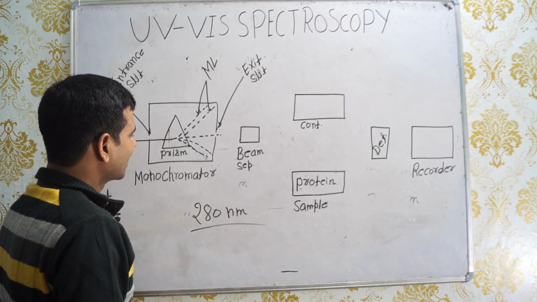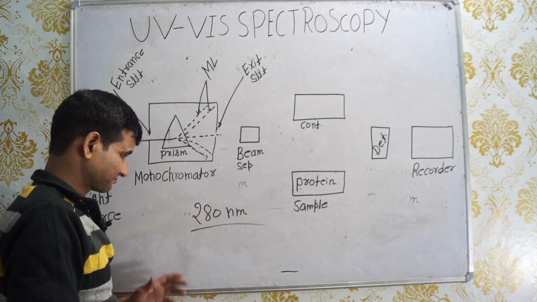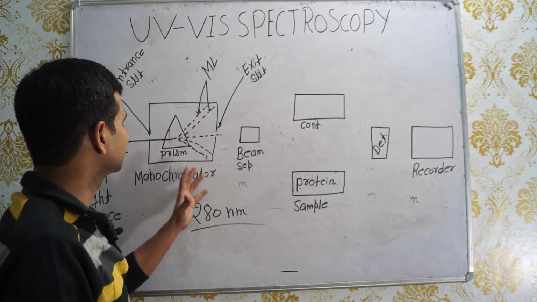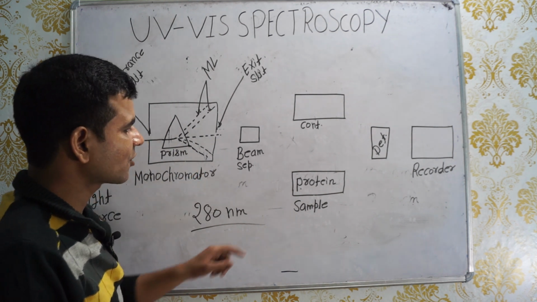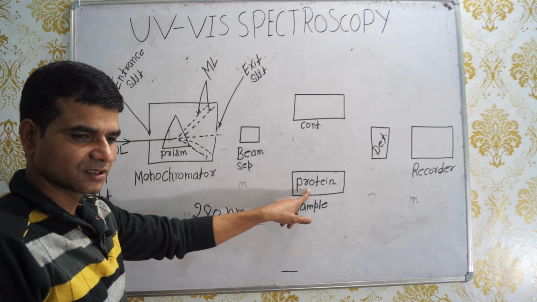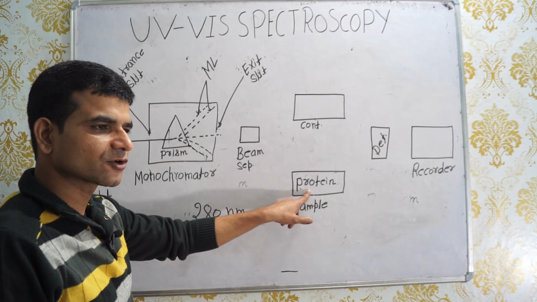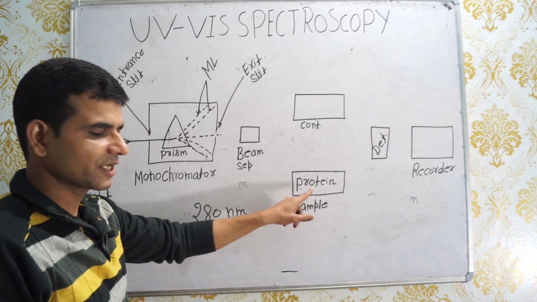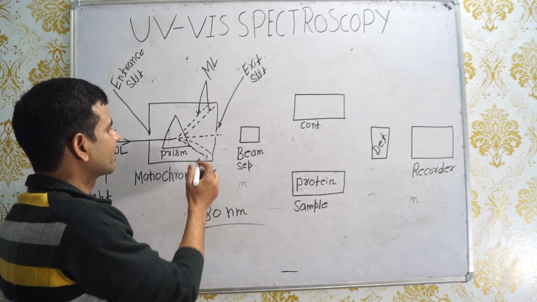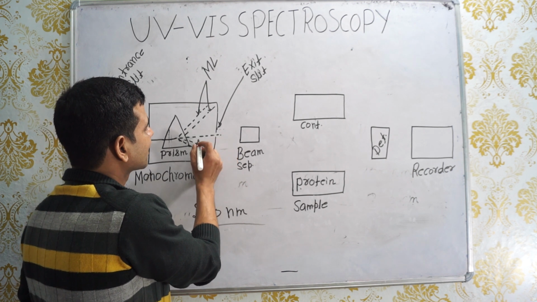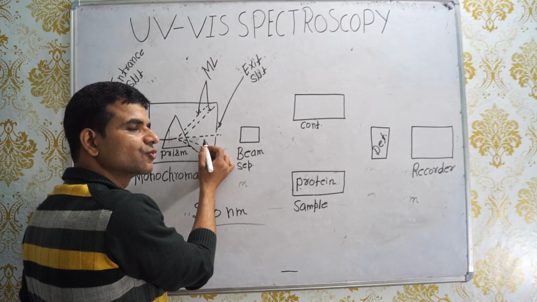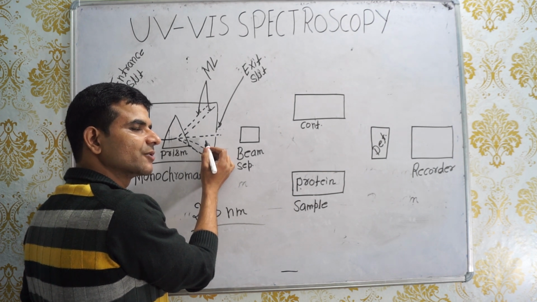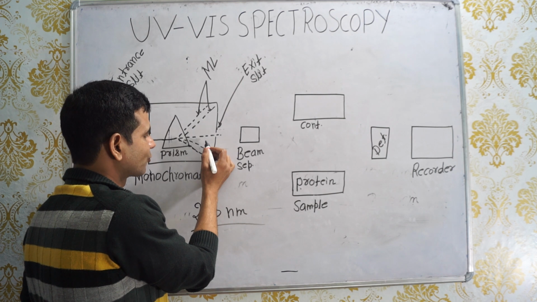Here the spectroscopy wants to find out the concentration of protein, and protein absorbs the light of only 280 nanometer wavelength. Therefore the monochromator will allow to pass the light of only 280 nanometer wavelength, and the light of other wavelengths will be blocked by the monochromator.